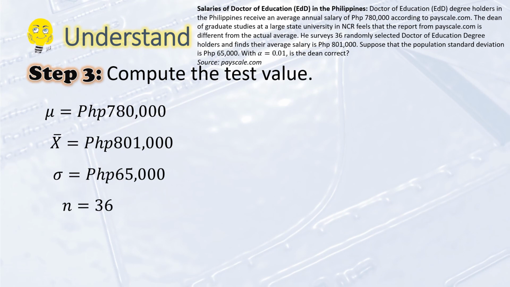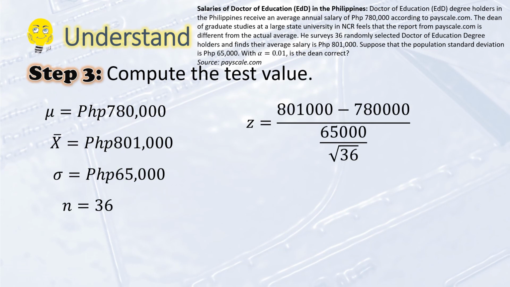Substituting this information to our formula, we have z is equal to 801,000 minus 780,000 all over 65,000 divided by the square root of 36. Again, using our scientific calculator, we will get the test value for z is equal to 1.94.